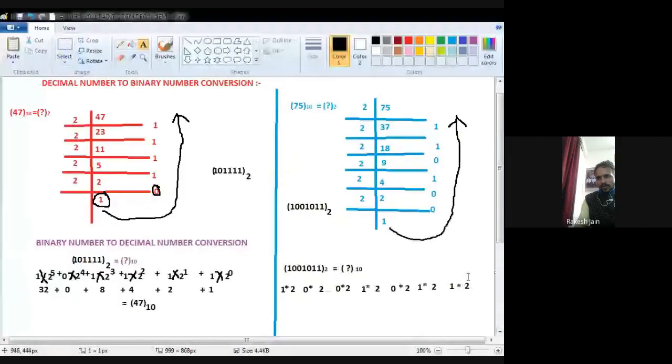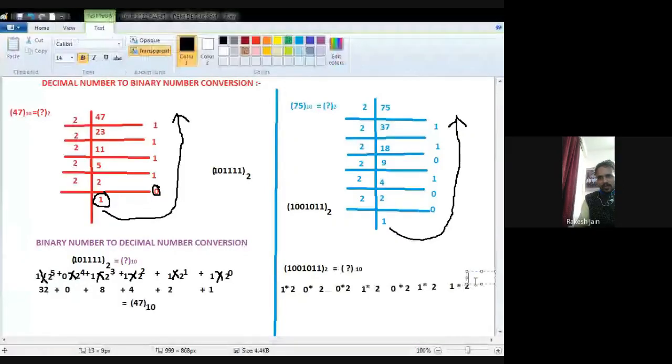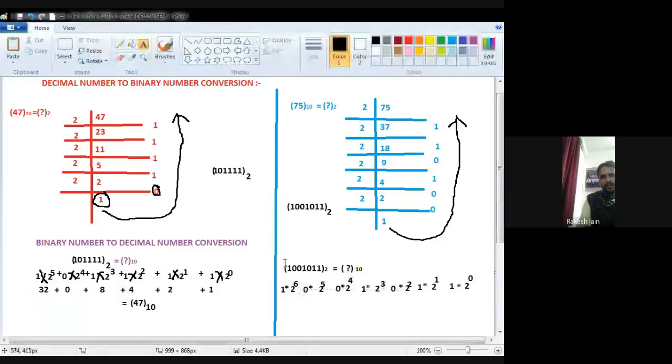Yes, from the rightmost side, write down the power. The rightmost one has power 0, then the left one has power 1, then the left one has a power of 2, then the left one a power of 3, then the left one a power of 4, then the left one a power of 5. Put an addition sign in between all of them.